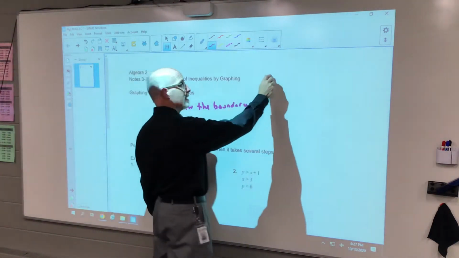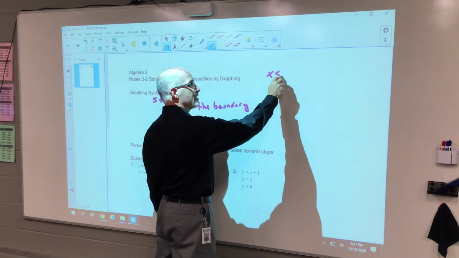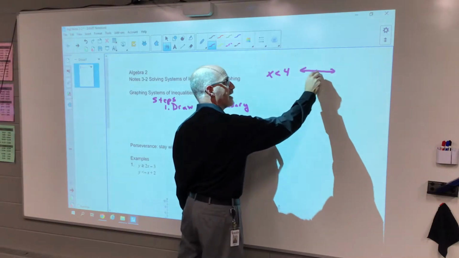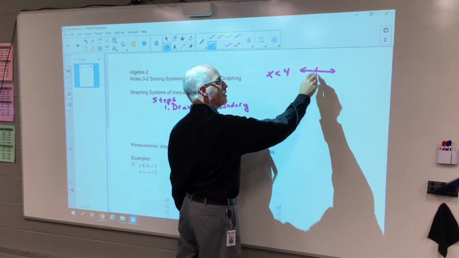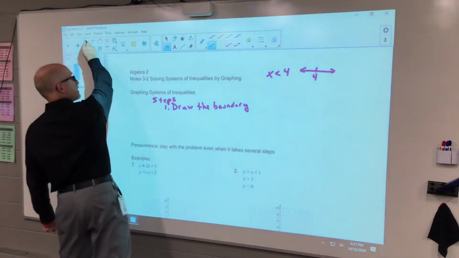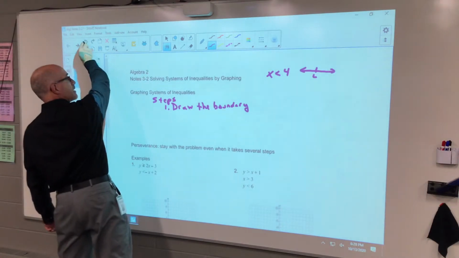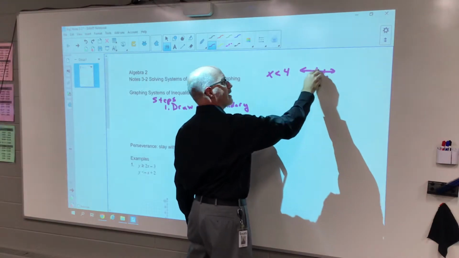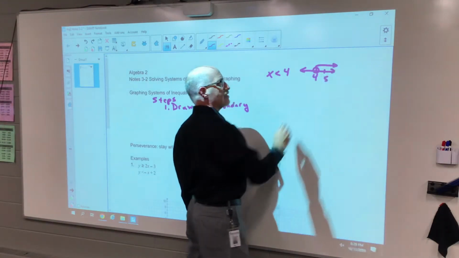Just like when we did, for instance, x is less than 4, we graphed that, if you recall, as a 4. We had an open dot on that. Okay, so we put an open dot on 4, and we shaded in that direction.